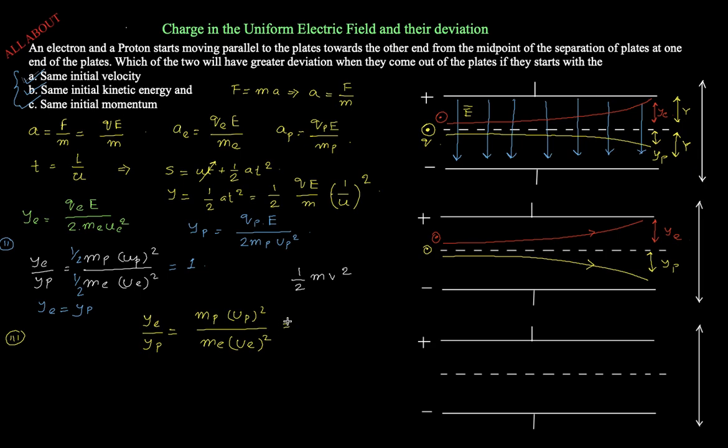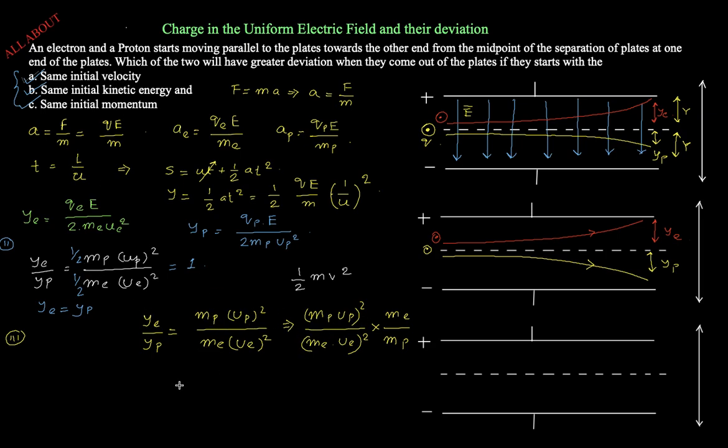Now we can write it as MP into UP whole square by ME into UE whole square. Just we have to multiply ME by MP. Because we are taking MP one more in the numerator, in the denominator we also take one MP, so the numerator and denominator will be the same. That means they have the same initial momentum.